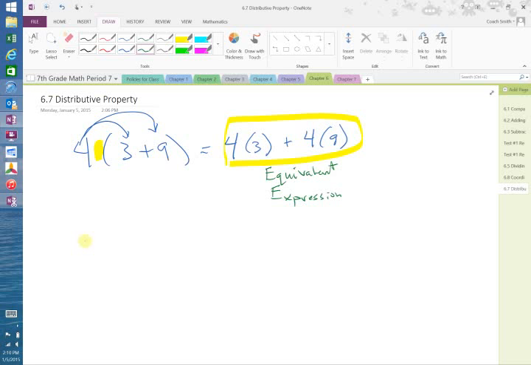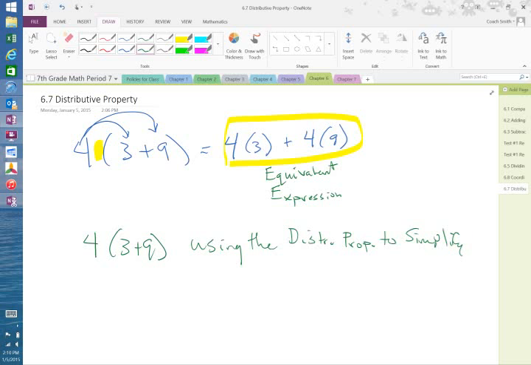If I'm using the distributive property to simplify the problem, then I'm going to take it a step further. I'm going to distribute to both things inside the parentheses, so that's 4 times 3 plus 4 times 9.